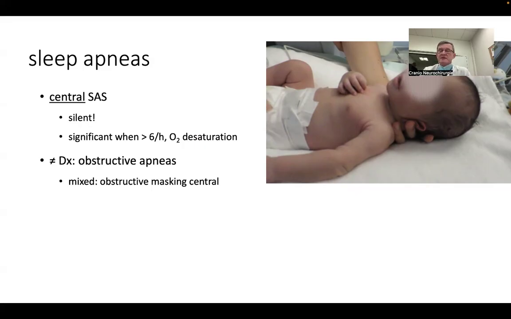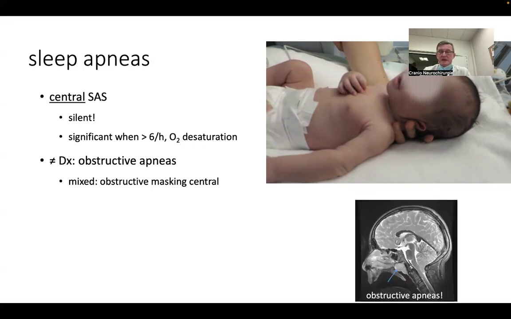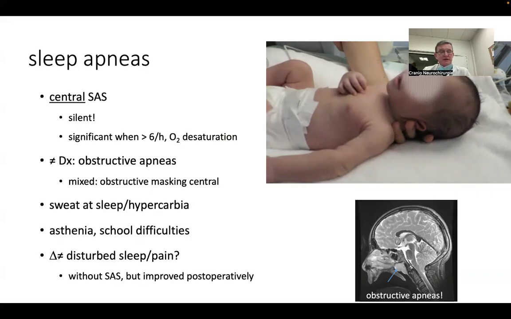And so the differential diagnosis must be made with obstructive apneas, which can be mixed. That means obstructive apneas can mask central apneas, and you can have both causes in the same patient. This one has a Chiari, but also obstruction of the cavum because of palatine tonsils. And the telltale symptoms are that the patient sweats during sleep because of hypercarbia.